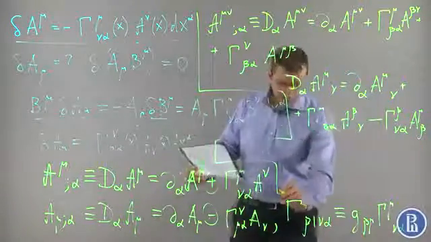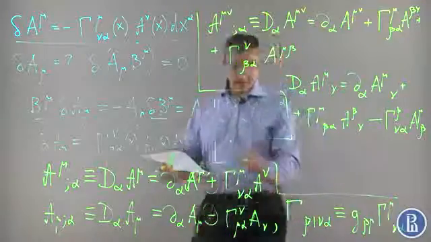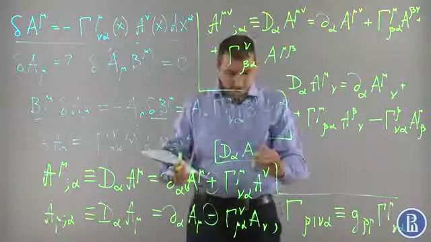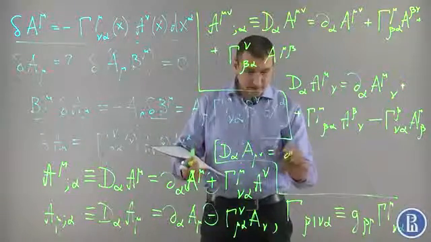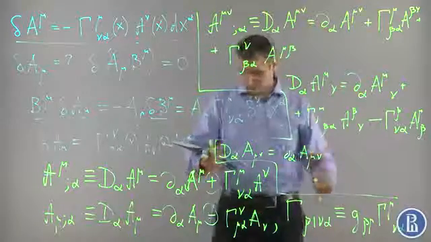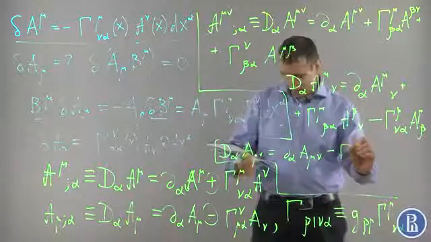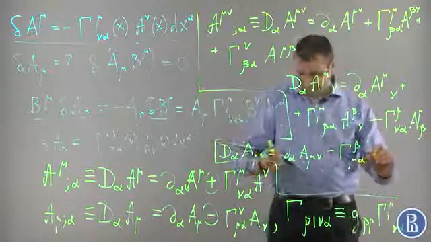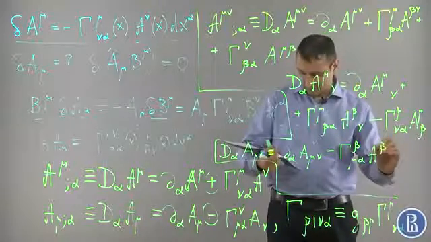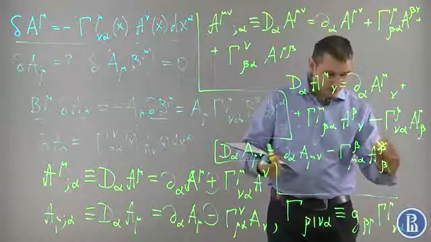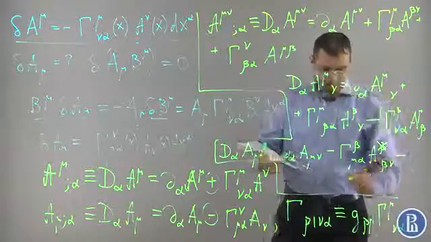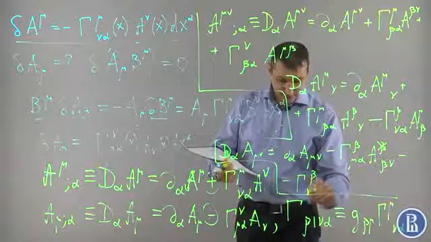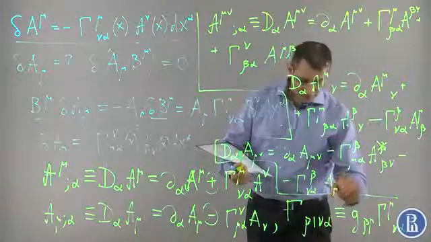And furthermore, if we have to apply ∂_α to something which carries both lowercase indices, we have ∂_α A_μν minus Γ^β_μα A_βν minus Γ^β_να A_μβ.